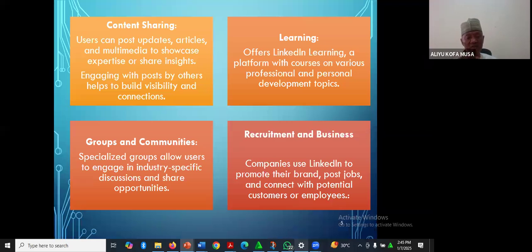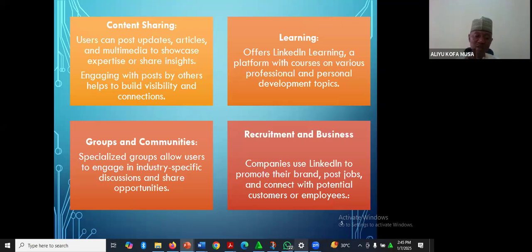Other features are content sharing. Users can post updates, articles, multimedia to showcase expertise or share insights. It also gives you an opportunity to engage with posts by others to build your visibility and connections.